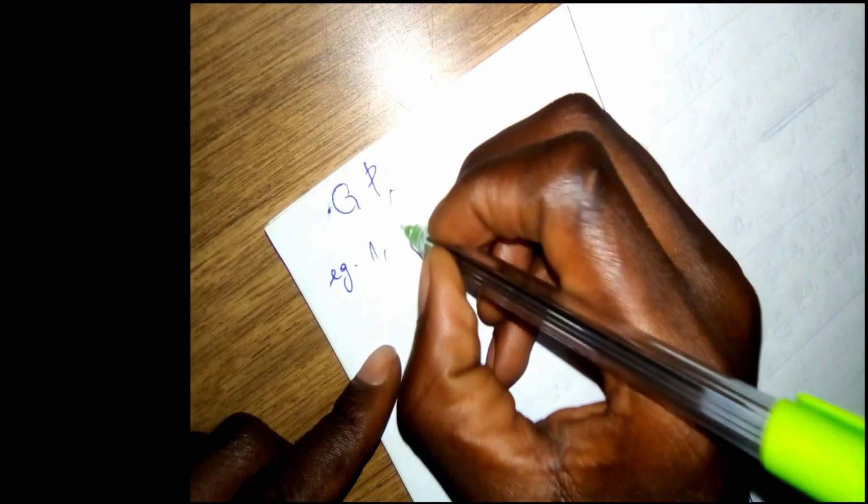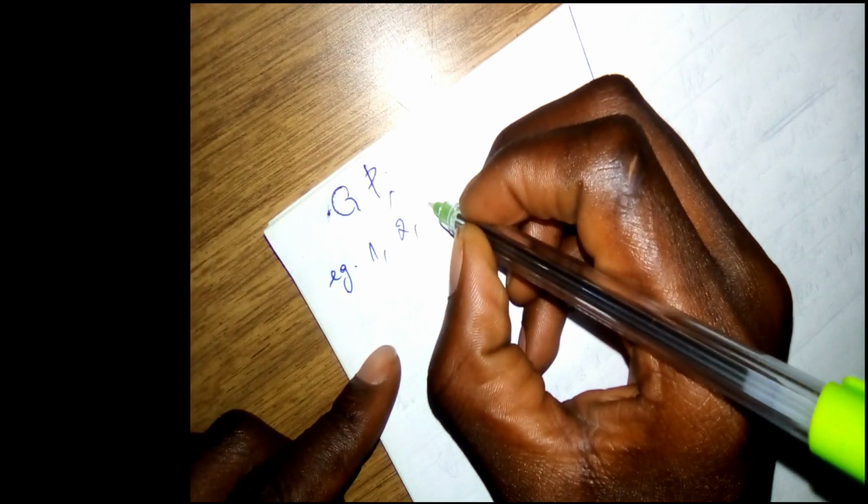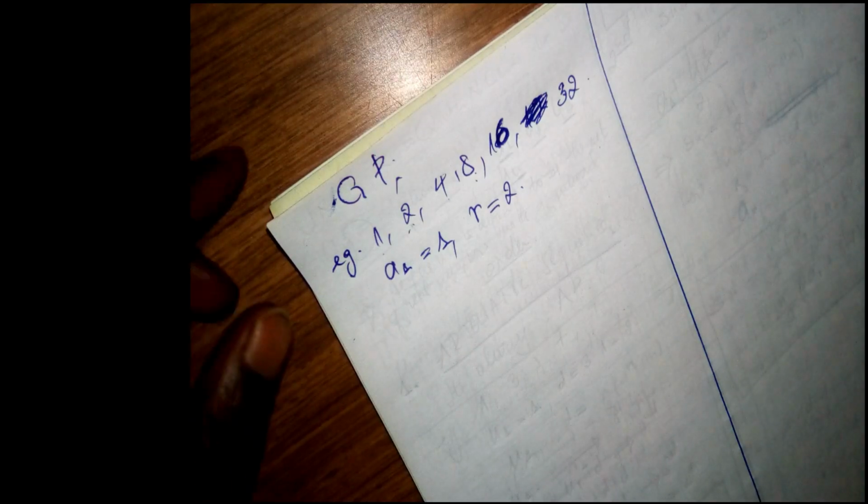Let's see an example: if we have 1, 2, 4, 8, here you see the common ratio.